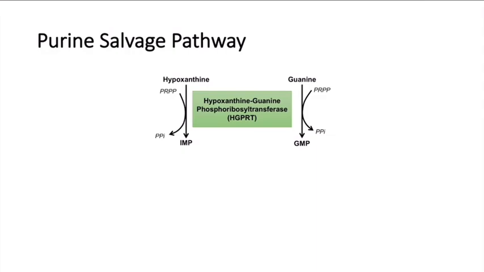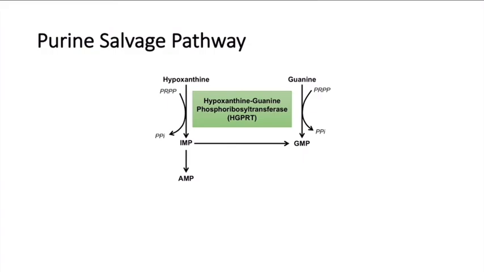So once you have IMP and GMP, IMP can be converted into GMP or AMP. AMP and GMP can be brought back into that pathway I just showed you in the previous slide, and then processed into ATP and GTP, and utilized for DNA synthesis or as energy-carrying molecules.